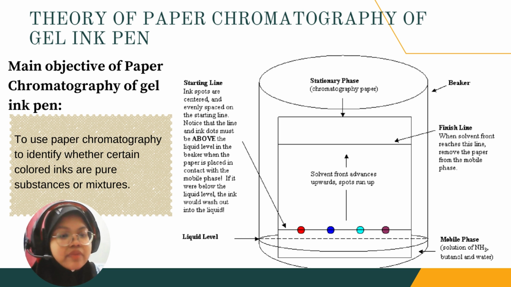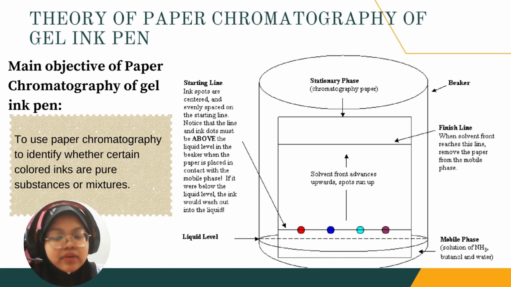For our experiment, we use the setup as shown. For the stationary phase, we will use chromatography paper, and for the mobile phase, we will use a solution of NH3, butanol, and water.